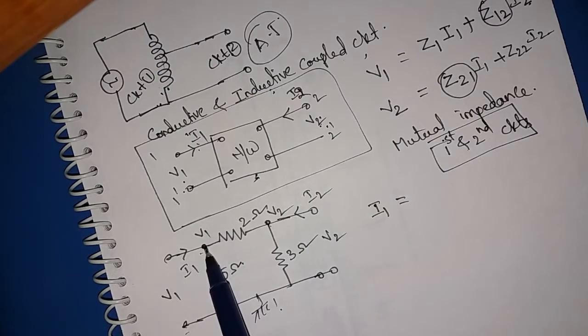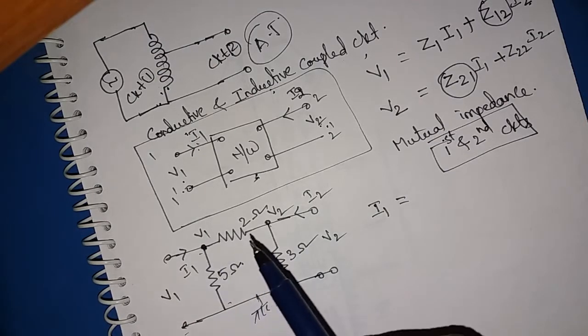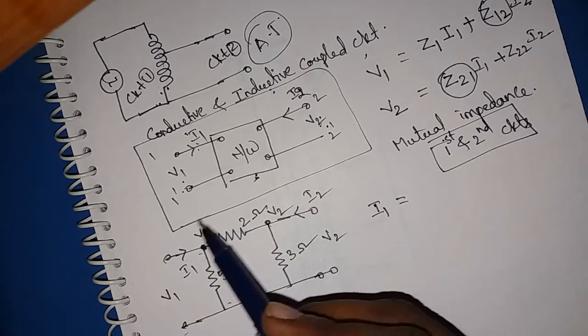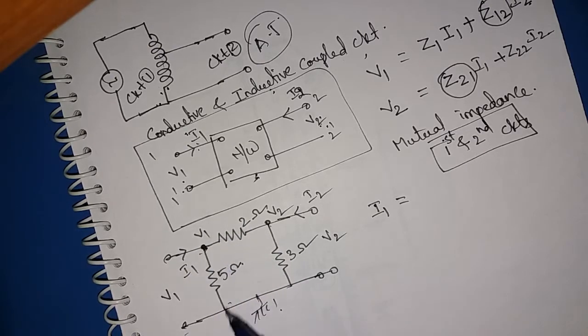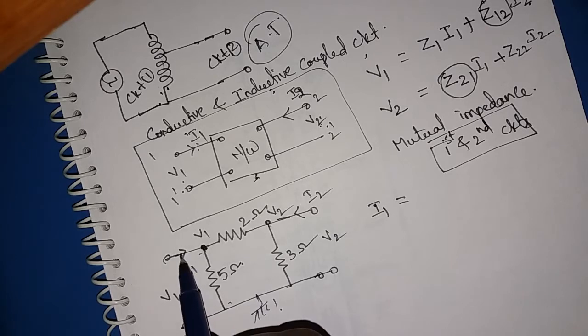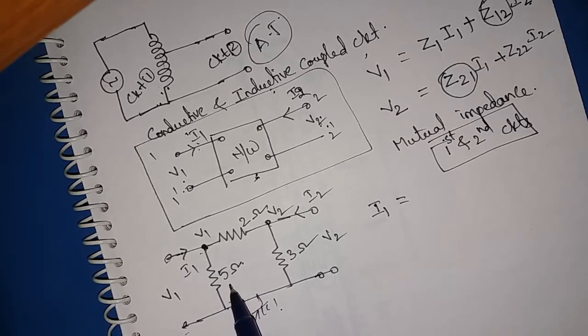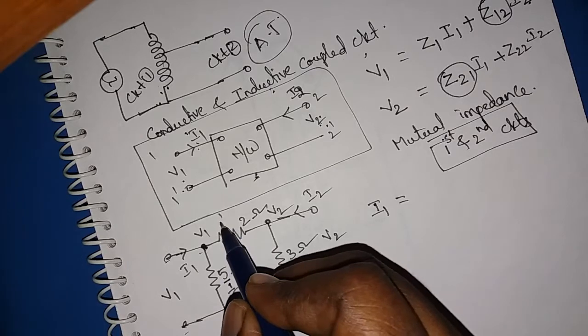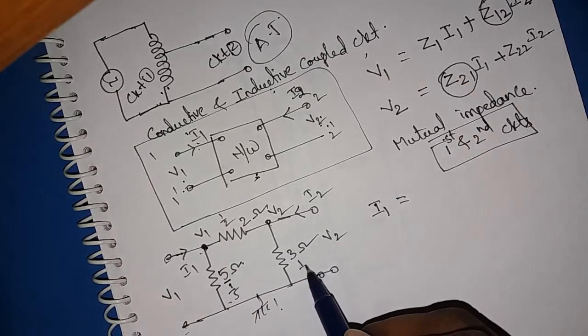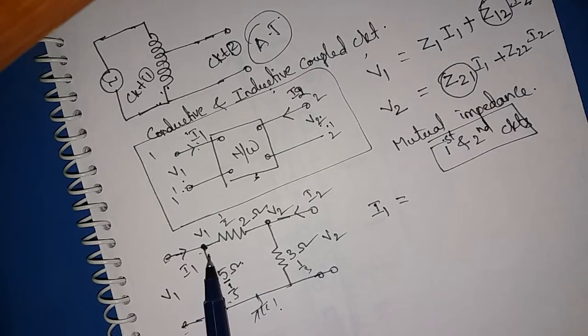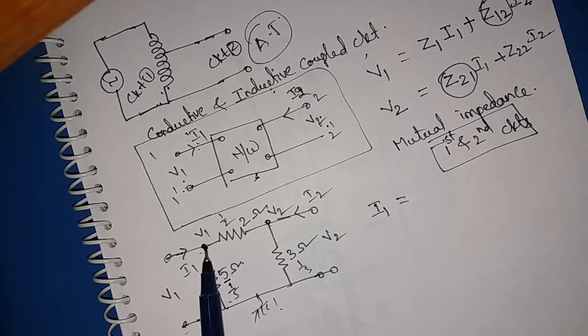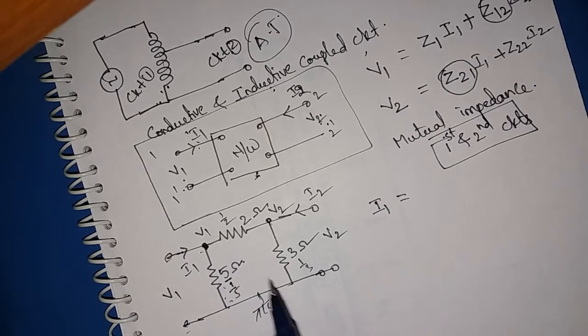Self admittance of this node in the sense, however many admittances are connected to this node, we need to add. So the admittance of this branch is 1 by 5. Admittance in the sense 1 by 5. Admittance of this is 1 by 2. Admittance of this is 1 by 3. So how many admittances are connected to node 1? Only 2, that is 1 by 2 and 1 by 5.